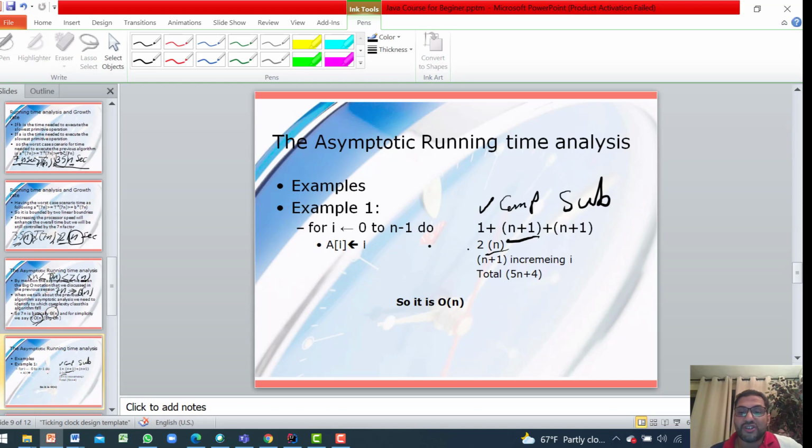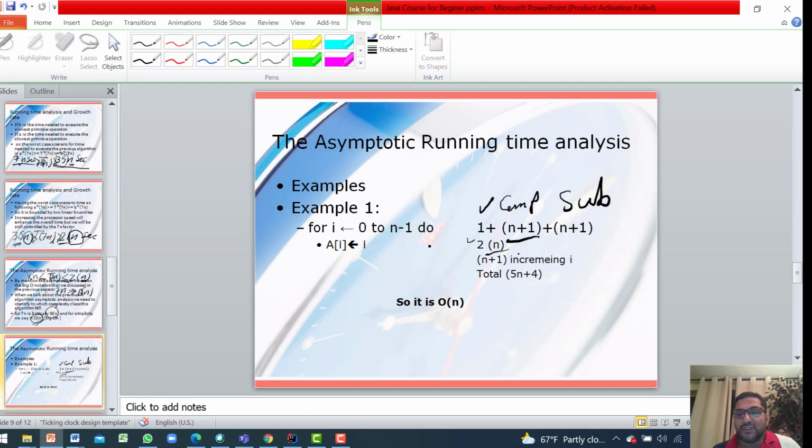So I have two operations: the assignment and the indexing of the array. So I have this 2n also, and then I'm gonna do this increment n plus 1 times, starting from 0 to n minus 1. This is n times, and one more time to exit from the for loop. So it is again n plus 1 operations.